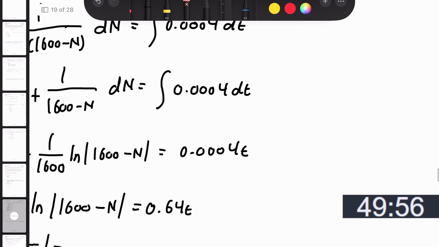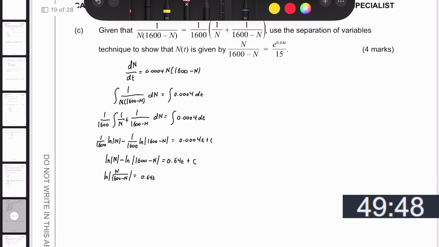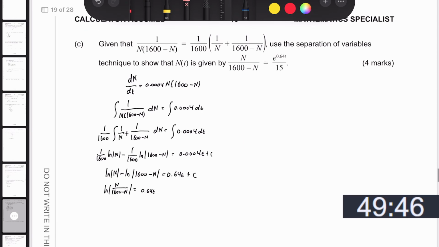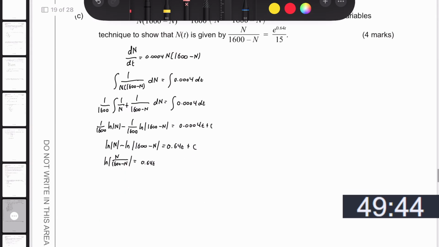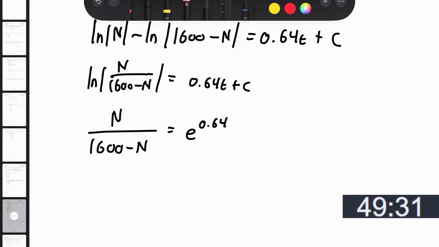Oh, I need to do plus c. It's just a constant that we don't know. And we know that n on 1600 minus n is going to equal e to the 0.64t times e to the c.